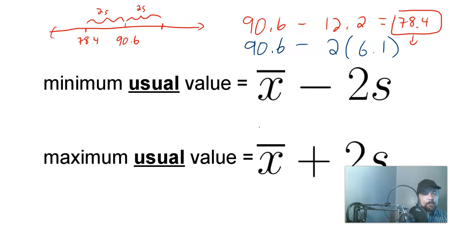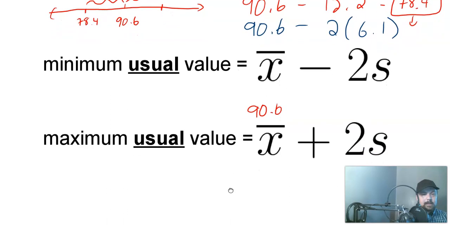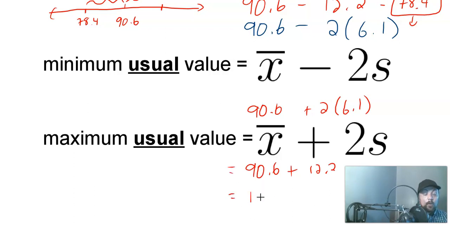And this one you might balk at because it's going to go outside of the possible range of values. But 2 times 6.1, and we're going to add that to 90.6. So we're going to get 90.6 plus 12.2, which is going to give me over 100, 102.8.